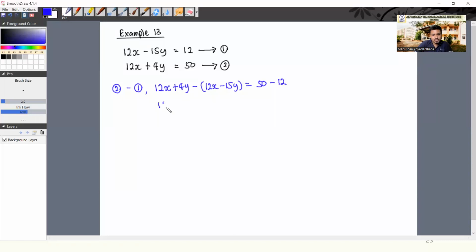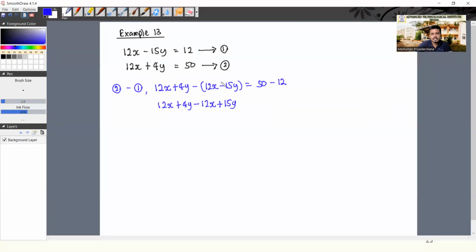Now remove these brackets: 12x plus 4y, minus 1 into 12x, that is minus 12x. Here minus minus becomes plus 15y. So that is why it is very important to have your second equation within brackets.